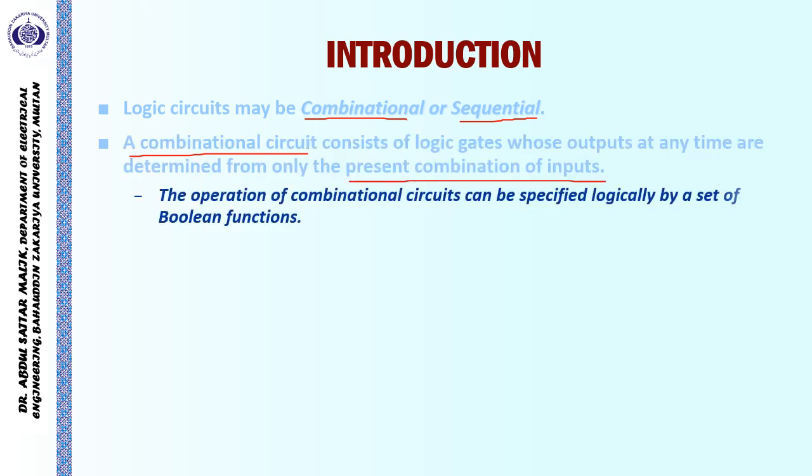That means the operation of the combinational circuits can be specified logically by a set of Boolean functions. It means we can express a combinational logic circuit by a set of Boolean functions.